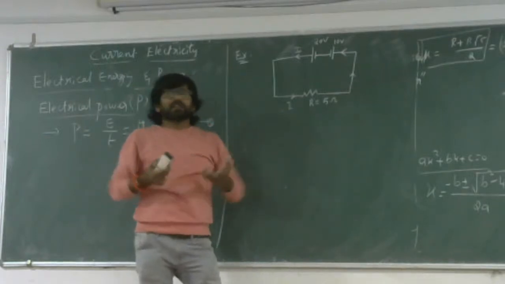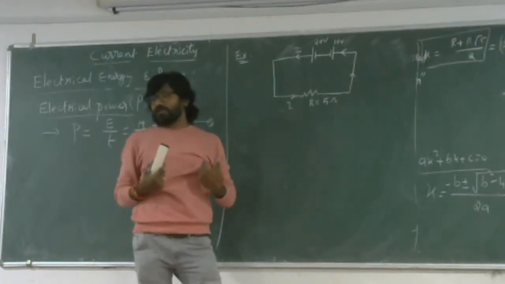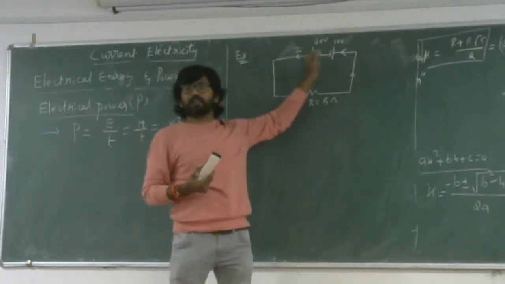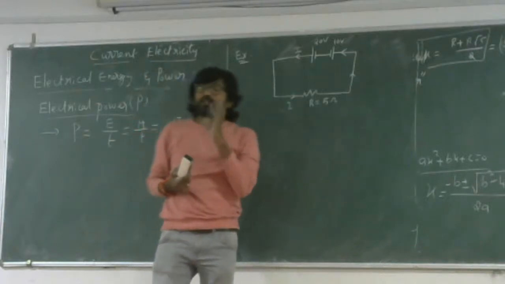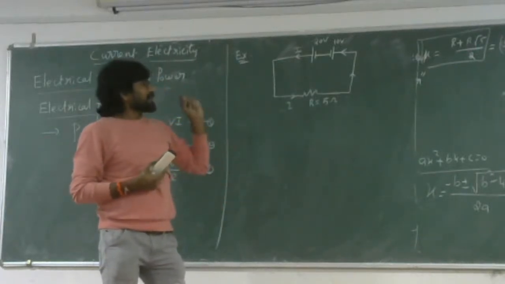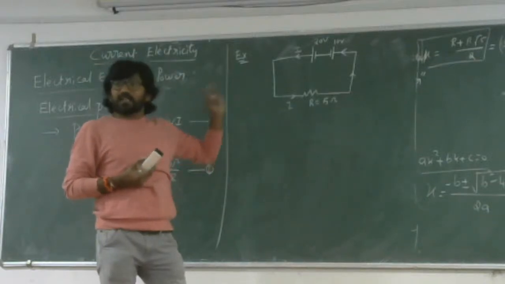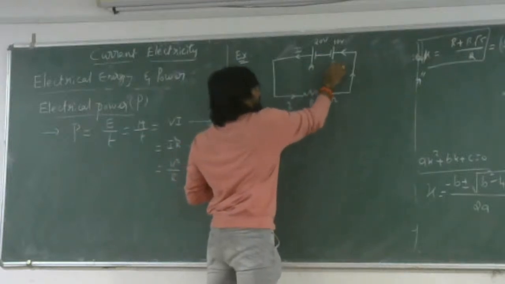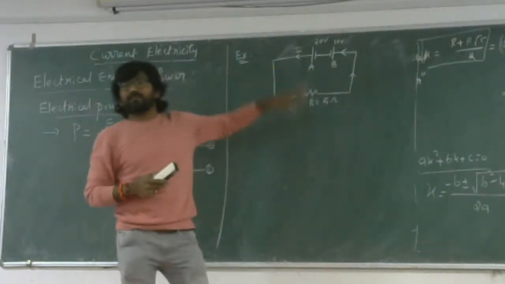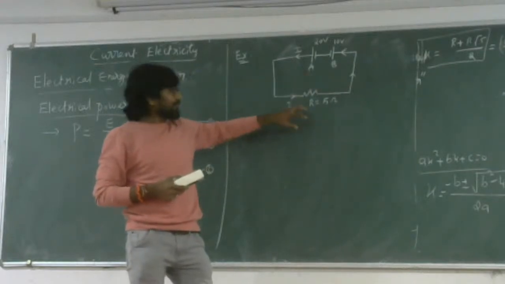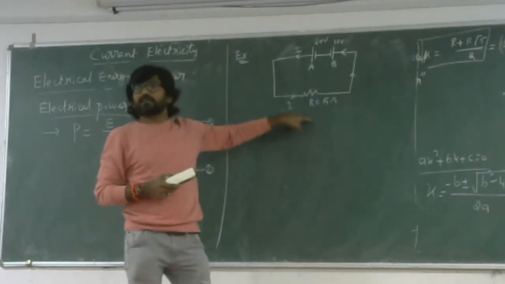So you can also say the power is consumed by this. Power is consumed over a given interval of time, and energy is consumed by this battery. But this is giving the energy. So here the question is, let us say this is cell A, this is cell B, this is the resistor.